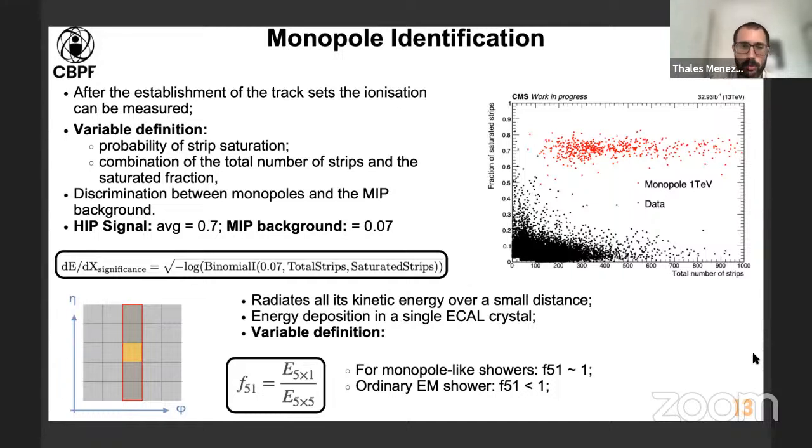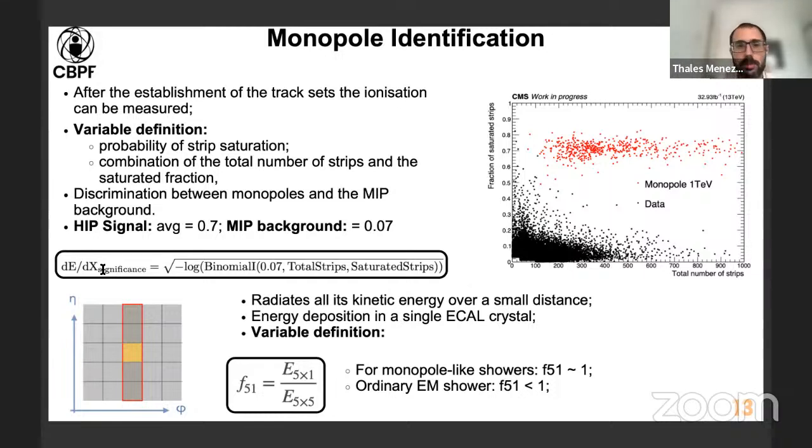It is a definition built on the idea of significance, with the binomial function, the number of total strips, the number of saturated strips, and a factor for the probability of minimum ionizing background to saturate the strips. We can derive this variable to be further used.